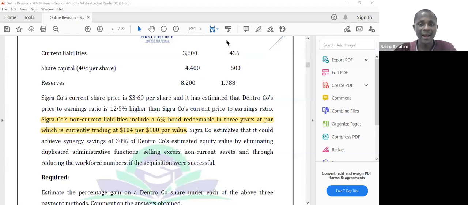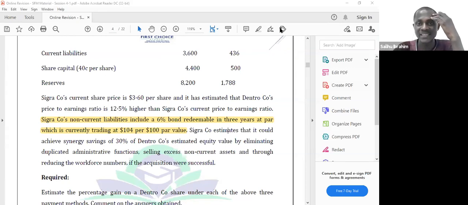I will have to compute the current market price of Sigraco and of Dentroco. That is what we call pre-acquisition market price.